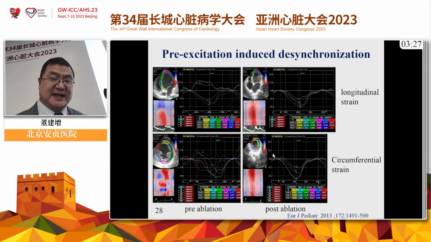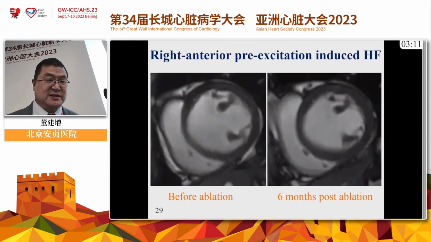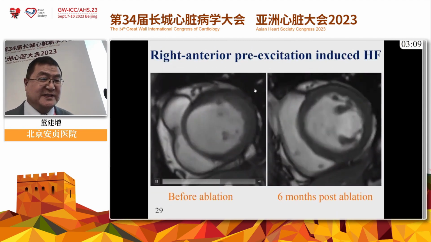So pre-excitation, especially an accessory pathway close to the septum, can result in significant left ventricular dyssynchrony, and of course will contribute to heart failure. This is the MRI image of this patient.